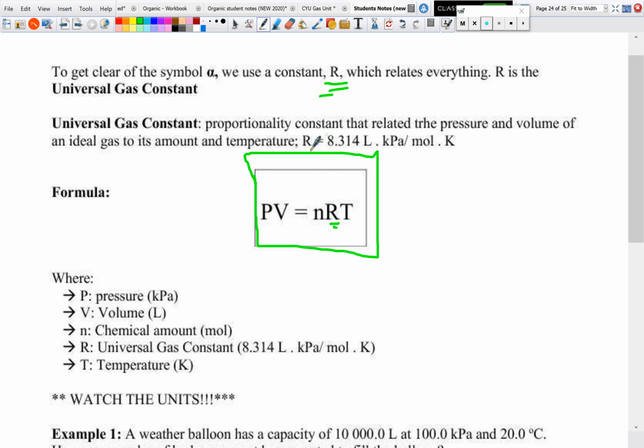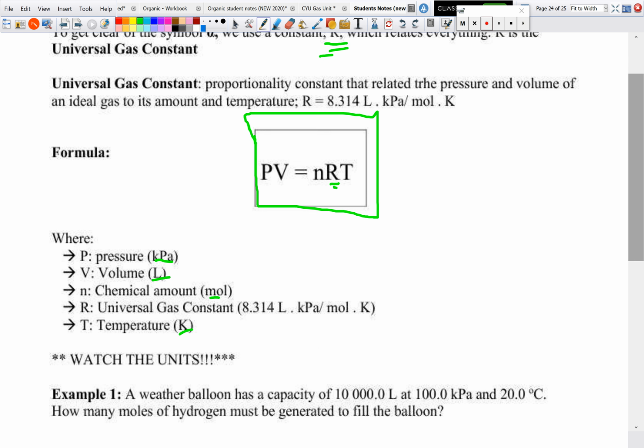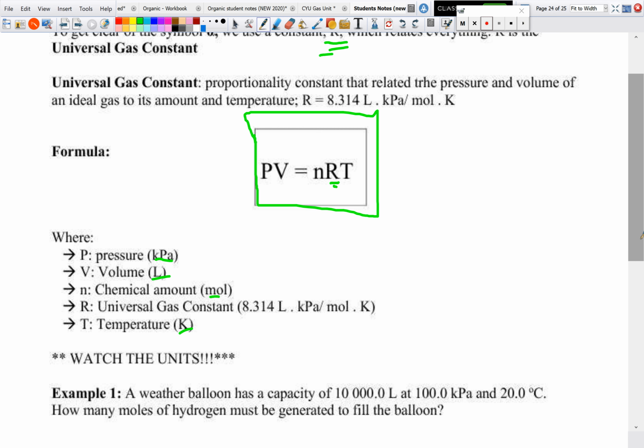So our gas constant is 8.314 kilopascals, liters over moles times Kelvin. So that means that pressure needs to be in kilopascals, volume needs to be in liters, the chemical amount needs to be in moles, and the temperature needs to be in kelvins. And that is because, as we talked about before, when we're putting something inside of the equation, we need to make sure that the units match.